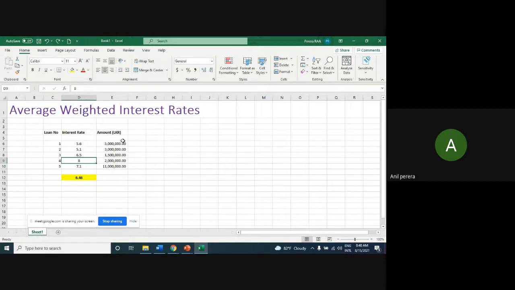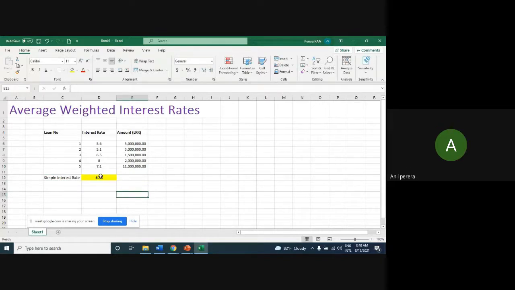So you have to consider these amounts when you calculate the interest rate. What we have already calculated is the simple interest rate, but we need to calculate the weighted average interest rate. You have to know this because your boss might ask, calculate the average rate. So it's not a big deal.